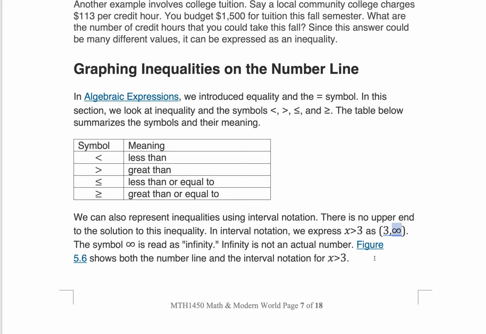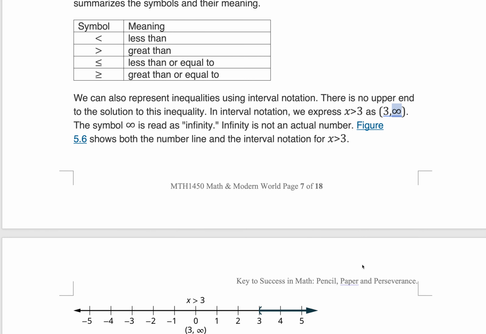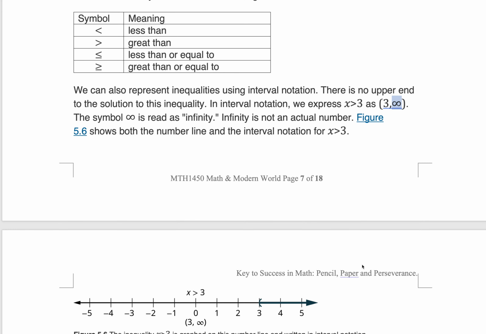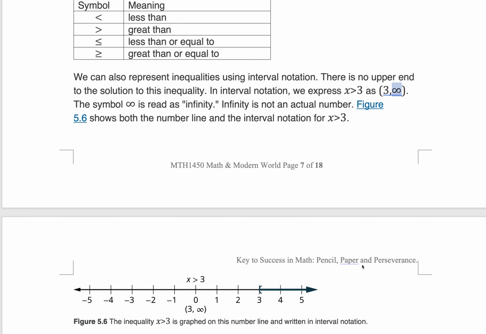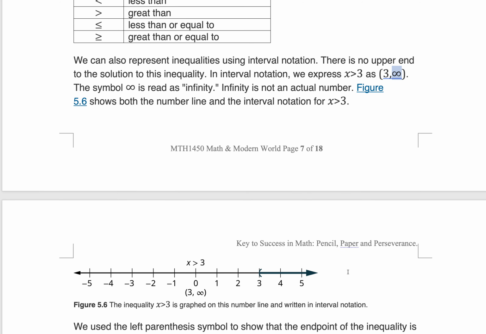When we have an inequality, we can also represent the situation on a single real number line. This is precisely how the graph would look. It might be hard for you to see on the screen, but you can check with the notes or the textbook. You see this little portion is highlighted.